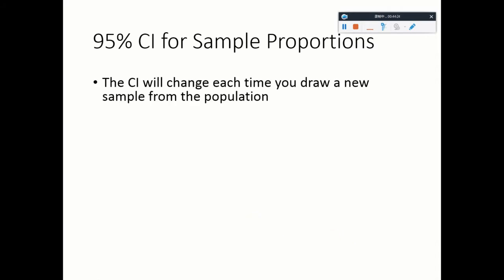Of course, the confidence interval will change each time you draw a new sample, because we know from the formula, CI equals, well, we're using proportion here, so the confidence interval for sample proportions equals the sample proportion plus or minus the z of a certain confidence level, 95%, multiplied by the standard error of the sample proportion.